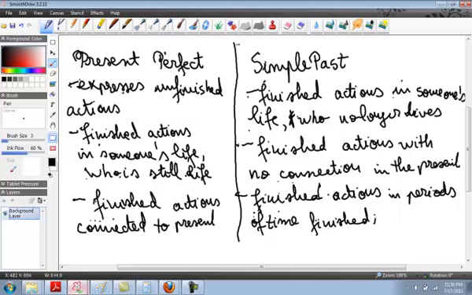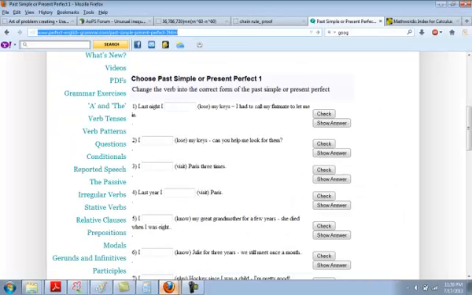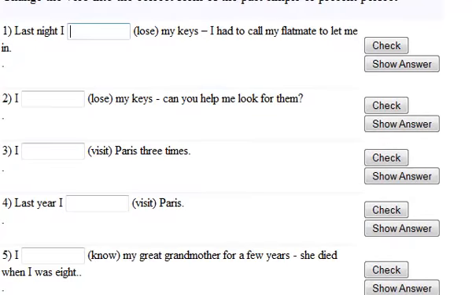So, for a better understanding of those notions, let's see some examples from a good website, not mine this time, to see better where we use present perfect and where we use past tense. So, for example, the first example: Last night I lost my keys. I had to call my flatmate to let me in.